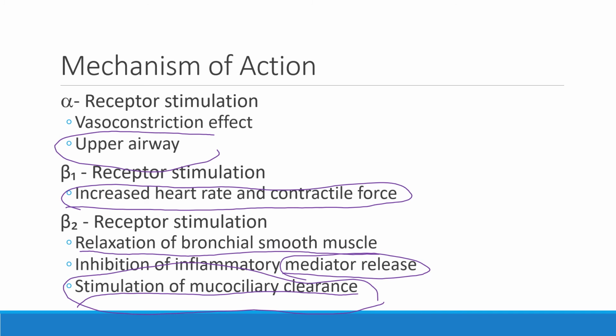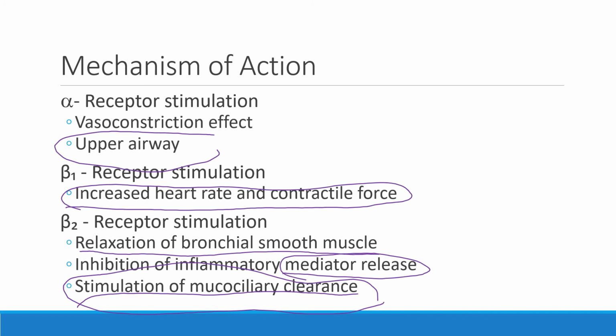So that's why you might see a doctor post-hip surgery on a patient that has no respiratory history whatsoever order bronchodilator nebulizers. Well, why would they do that? Well, the whole point there would be to stimulate the mucociliary clearance, especially after general anesthesia or a long surgery or a painful situation where people aren't going to be coughing and breathing deep, to activate the mucociliary escalator to avoid a postoperative pulmonary infection.